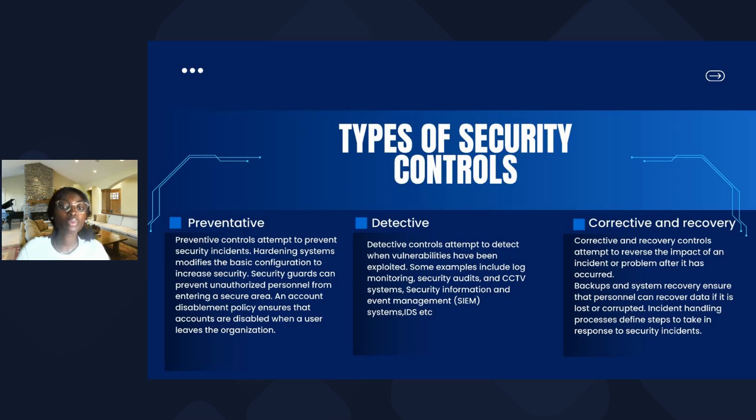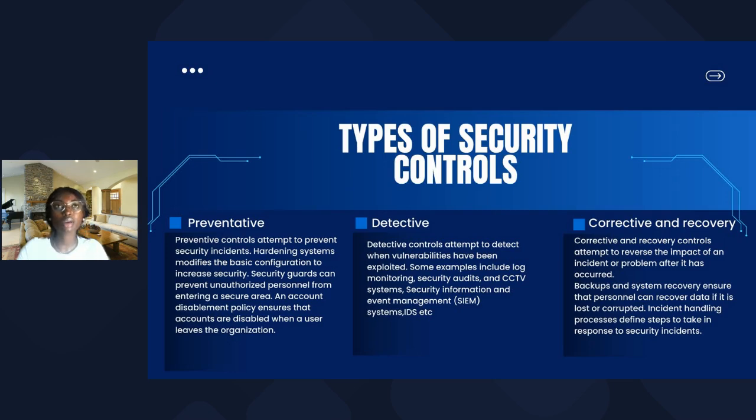Another detective control can be security audits, right? It will help you determine if, let's say, personnel within your organization or technical controls are being implemented. You can have security audits, external or internal.